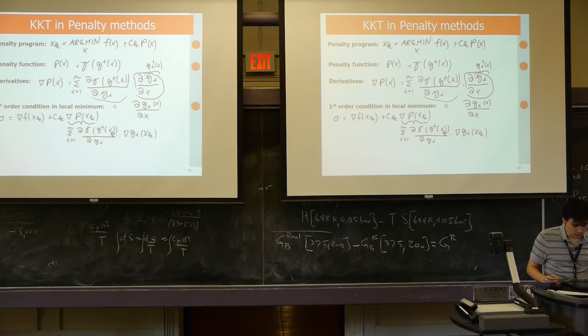Okay, so if you look at this, if I rewrite this as u, say ui at iteration k, then what we have is that this is the gradient of f of xk. Oops, I want to include in uik the ck term as well. So let me write this way.